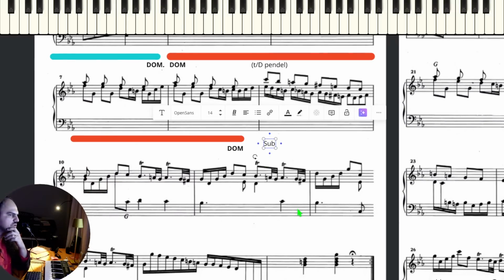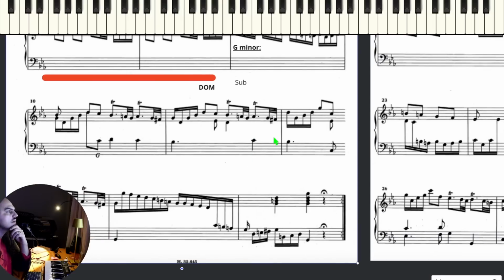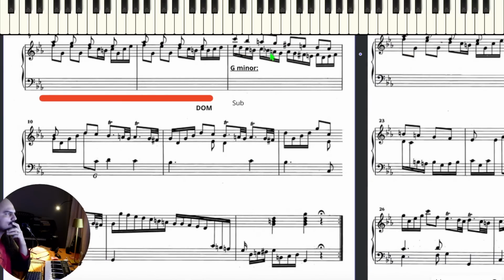So he starts on the subdominant, and this is the chord that calls the cadence. So you have here a clear statement of the leading tone of G minor. So these are the tones of the dominant of G minor.